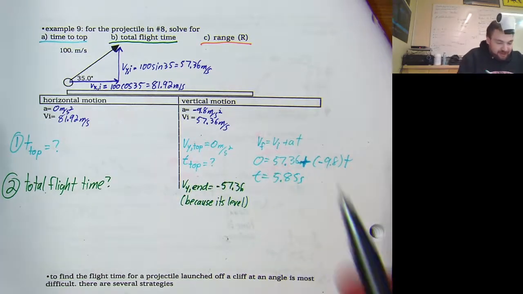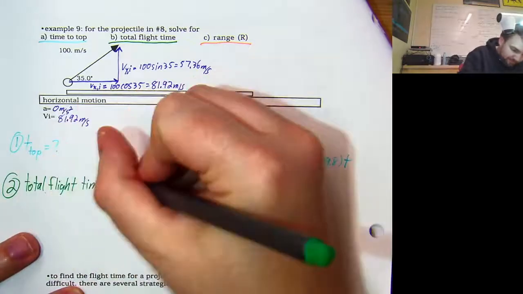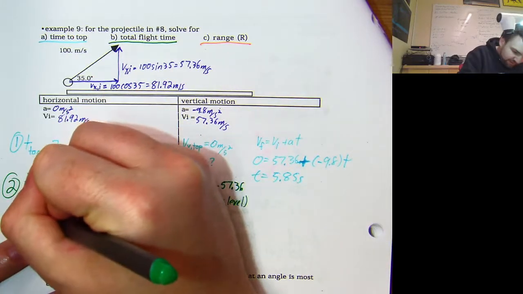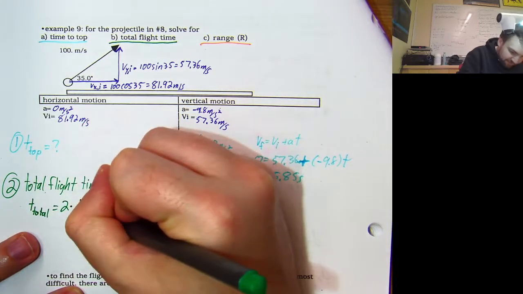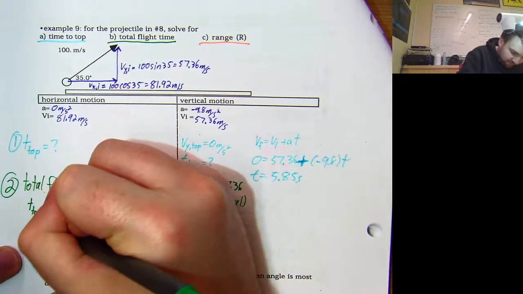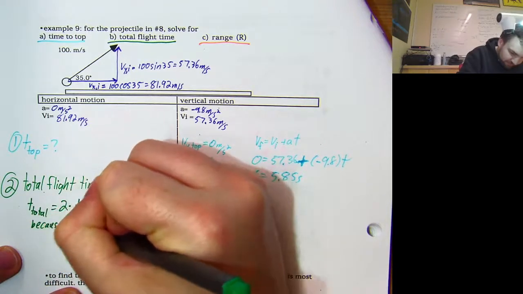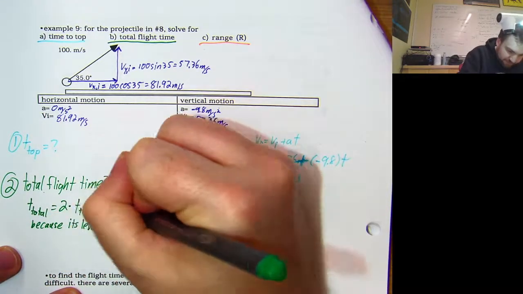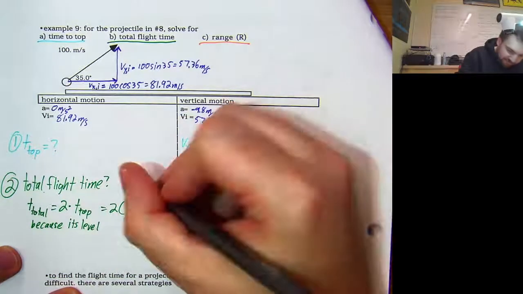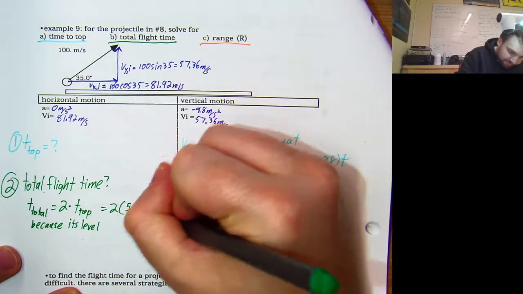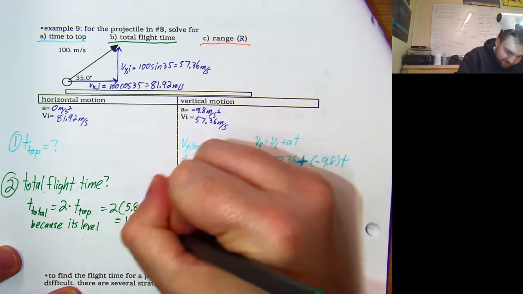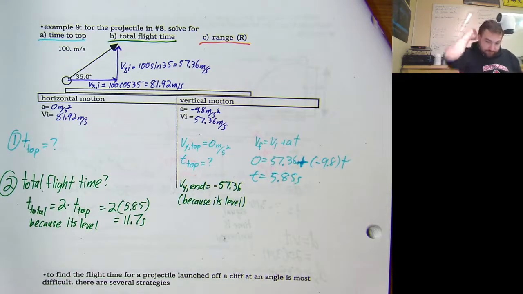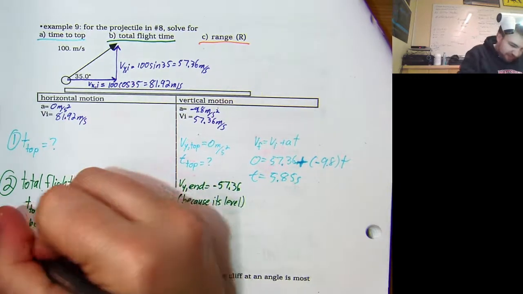Or we could recognize that total flight time, T total, equals 2 times T top, because it's level, which equals 2 times 5.85, which gives us a total flight time of 11.7 seconds, which we could then use to go to the range and say, okay, well, 3, I want the range.